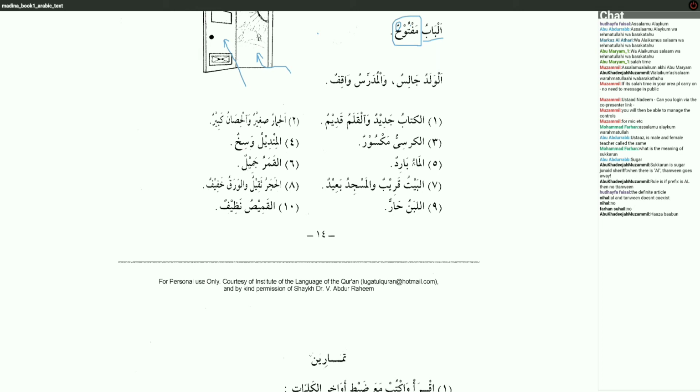Why does the first word have only one dhamma? Quite simply, because it has alif and lam. So if it has alif and lam, it takes one dhamma. If there's no alif and lam, it takes two dhammas. Al-babu, everyone read please.